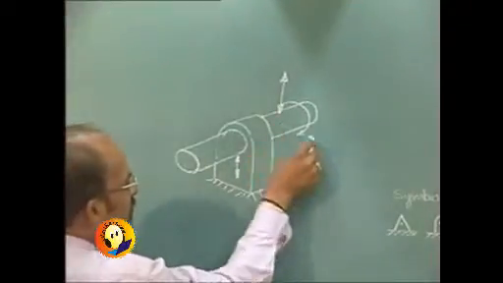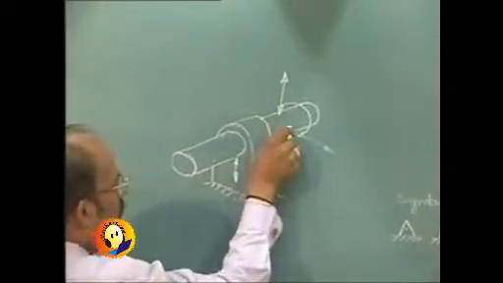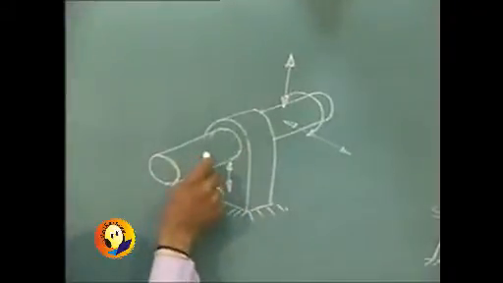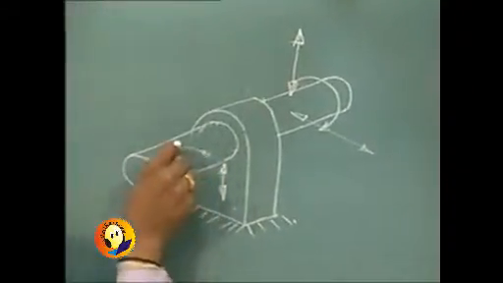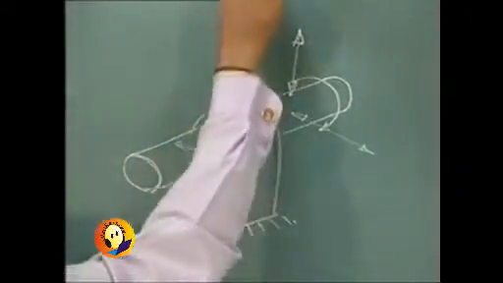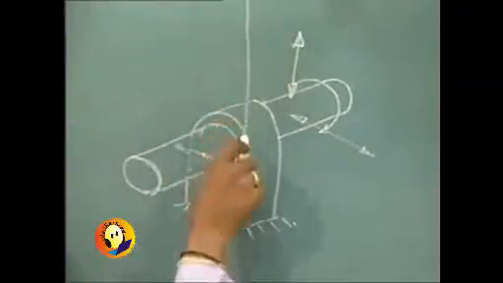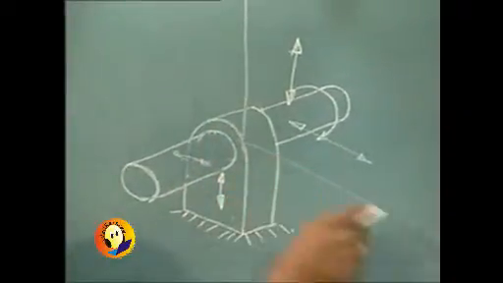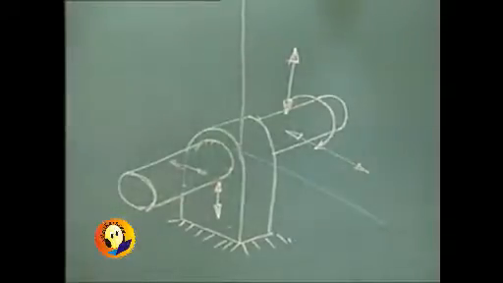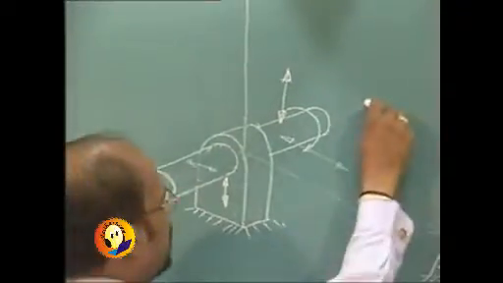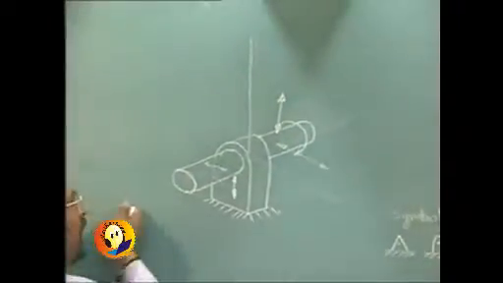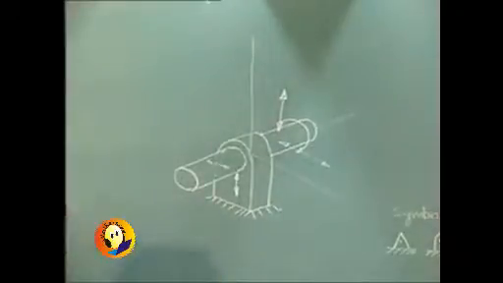Same is the case with the horizontal. It will produce the horizontal reaction also. So if you consider this as the y-axis and this as the x-axis, this cannot be moved in any direction. Of course, if you consider the z direction, it can be moved in or out. But that will not be our consideration right now.